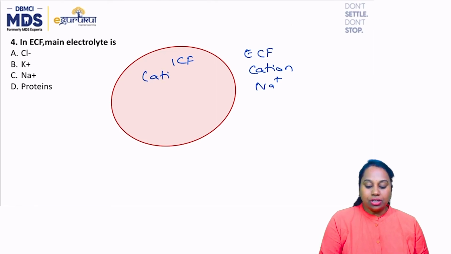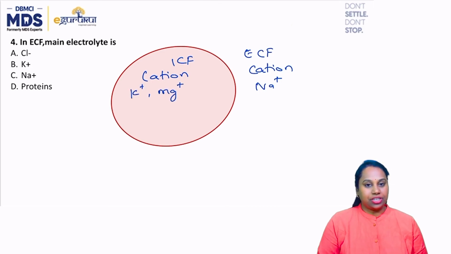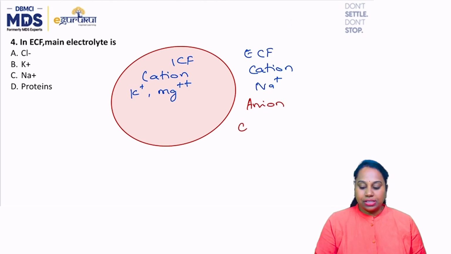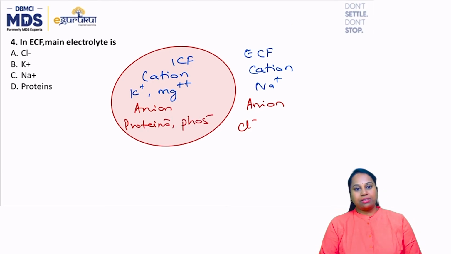The major cation in ICF, inside the cells, potassium followed by magnesium. The major anion in ECF is chloride. The major anion in ICF is proteins and phosphates.